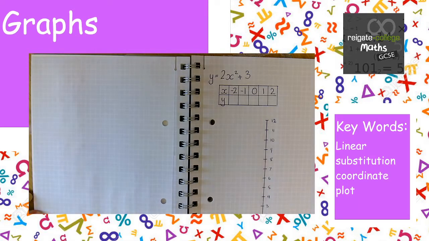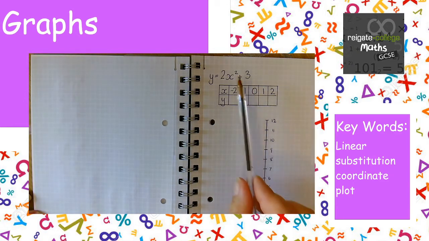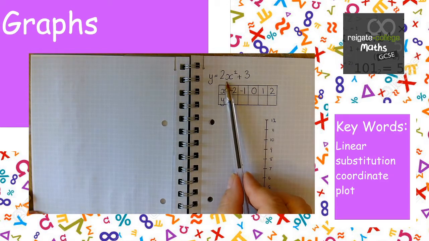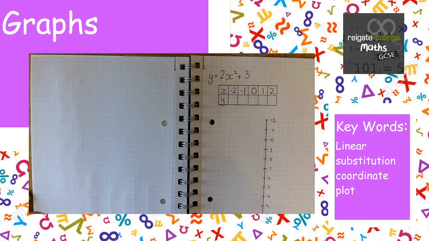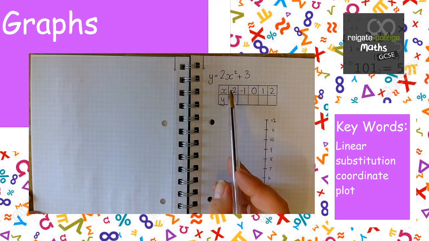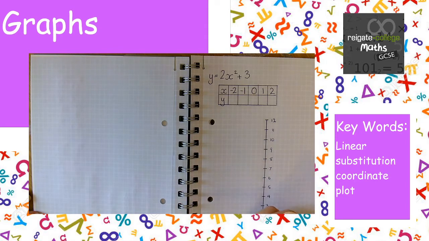I'm now going to calculate the coordinates of a curved graph. I can see this graph will curve because my x value is squared. So that means I've got more calculations to do to come out with a y value when I substitute my x in.